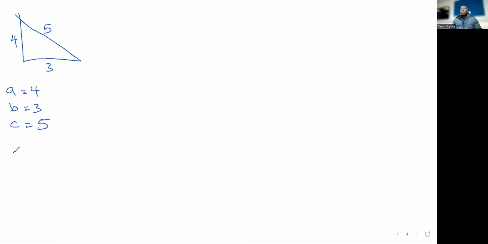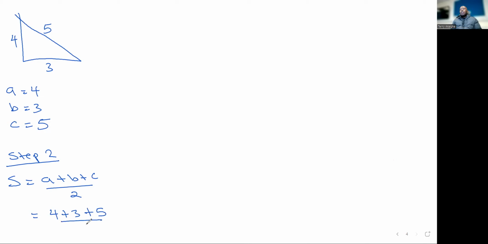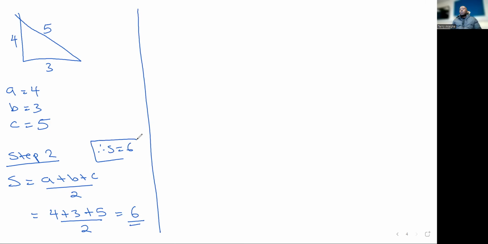So that is 4 plus 3 plus 5 divided by 2. 4 plus 3 is 7, 7 plus 5 is 12, and 12 divided by 2 will give you 6. So our S is equal to 6.